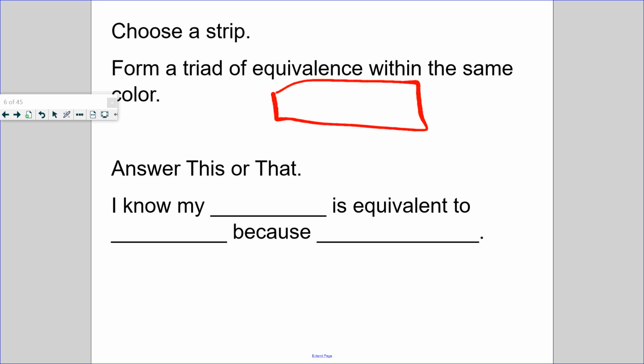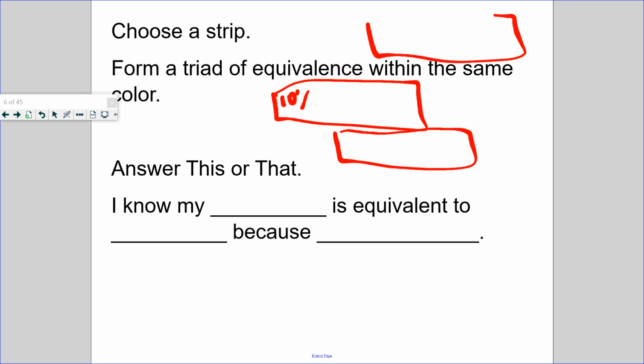So what you're going to be doing is getting a strip with 10%. You're going to find somebody who has an equivalent decimal and fraction to you. So the fraction is 10/100 or 1/10, and then it's 0.10. Then you're going to answer this question. I know my 10% is equivalent to 1/10 and 10/100 because 10% means 10 out of 100, which simplifies to 1/10.